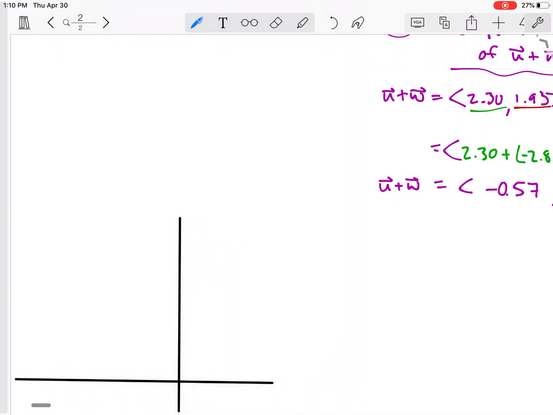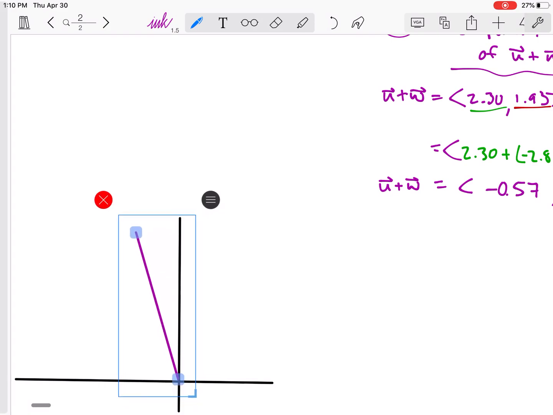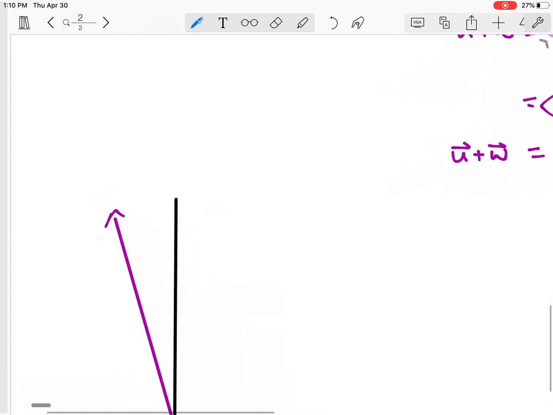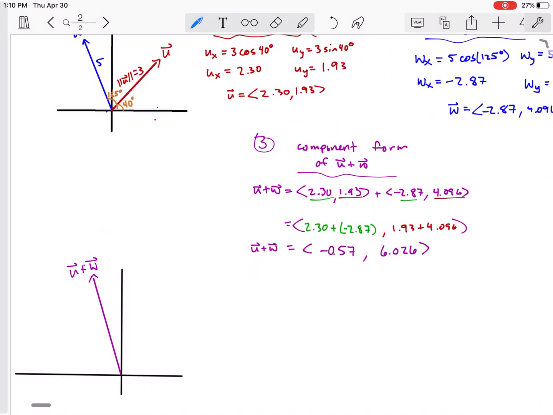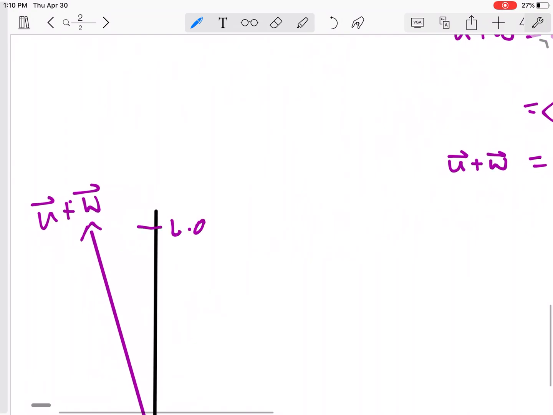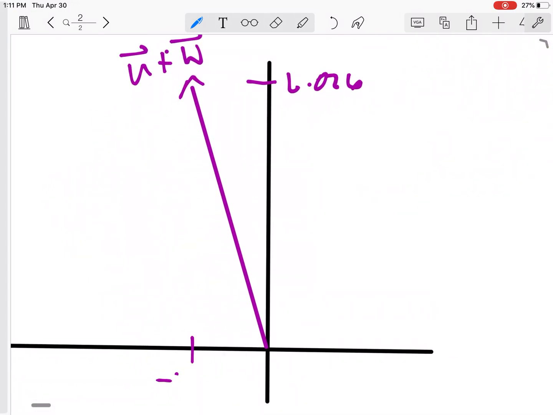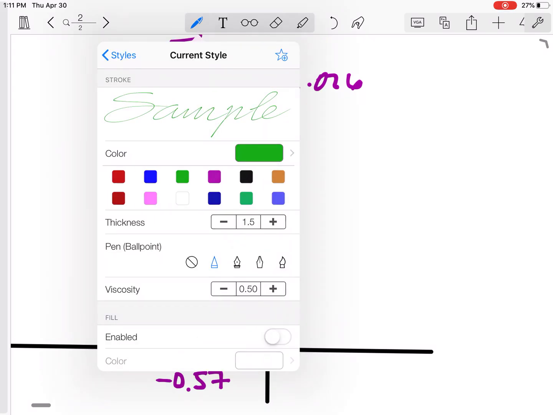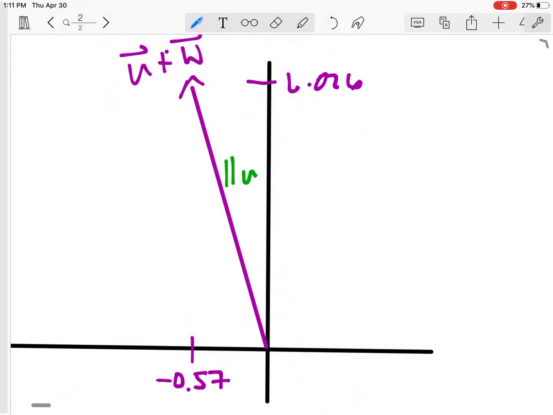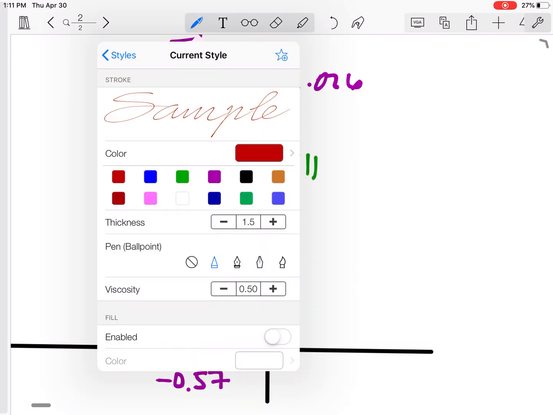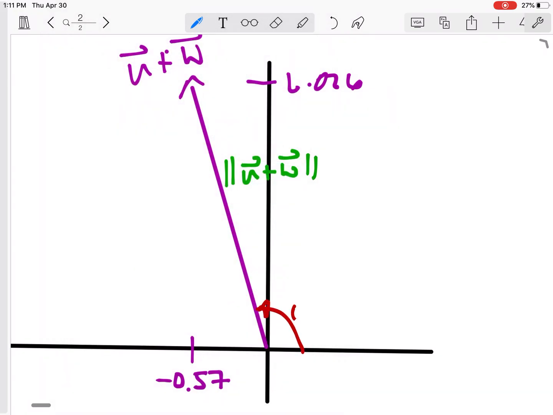So the vector U plus W will end up somewhere over here. Vertical component is 6.026, and the horizontal component is negative 0.57. We need to figure out the magnitude of U plus W, and the direction. So what is this angle right here, theta?